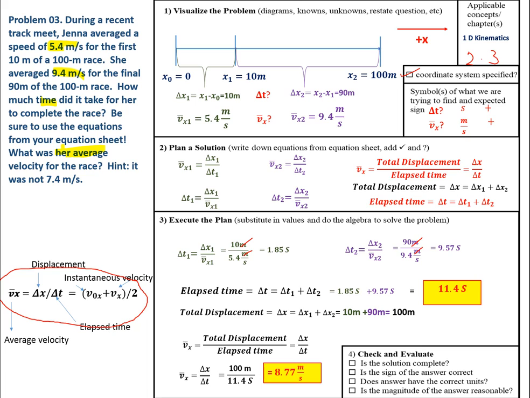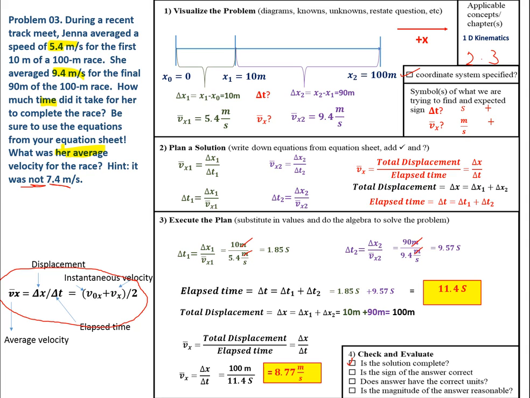That means the average velocity is not just 7.4 meters per second, because you cannot simply take the average rate of the 2 segments. Just keep that in your mind. Now let's see, is the solution complete? Yes, it is complete. We calculated the time elapsed and the average velocity for the race.